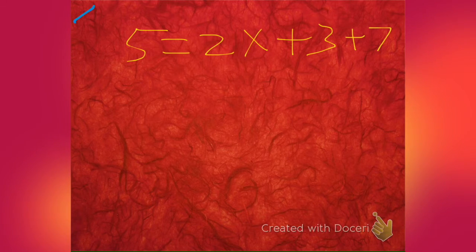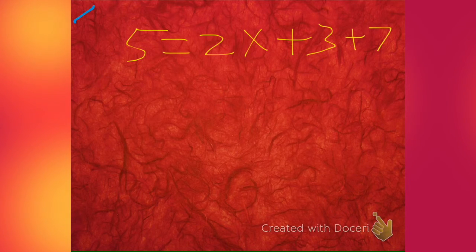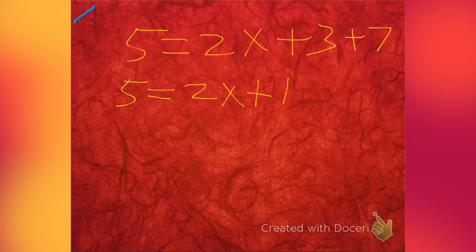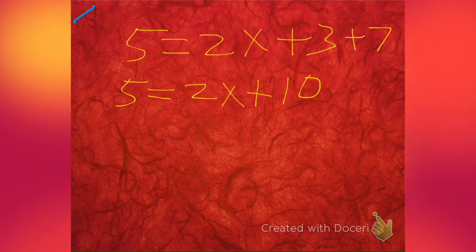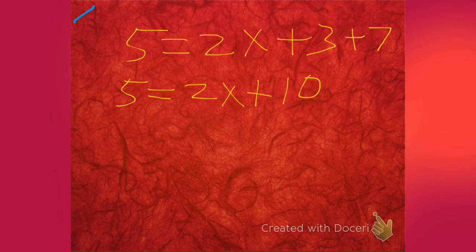And in a relationship, what? They get together, and they simplify their stuff, meaning she gets rid of all of his stuff. So this is 5 is equal to 2x plus 10. Then she's got to get rid of all of his friends. So she undoes the addition. She subtracts the friends from both sides.